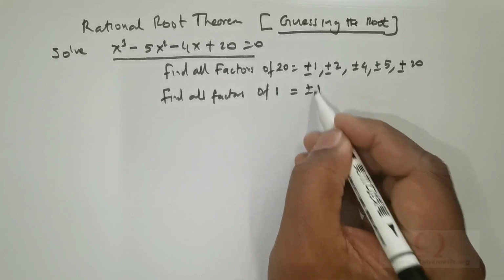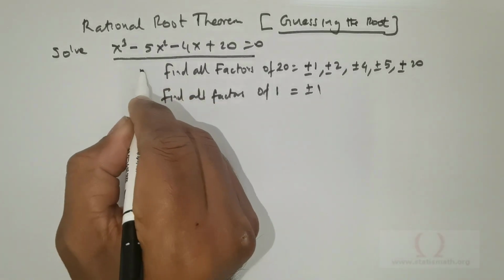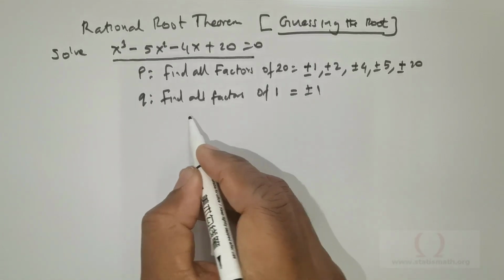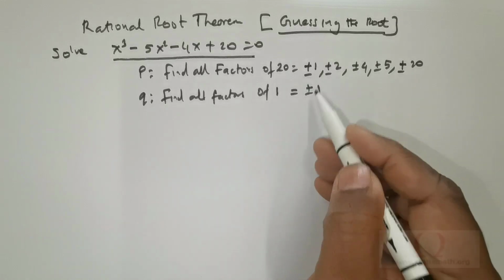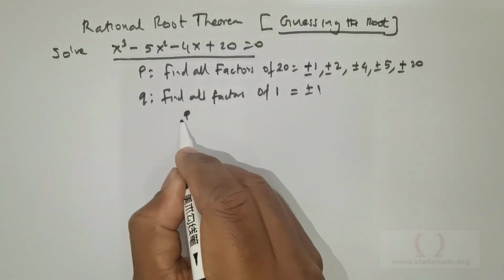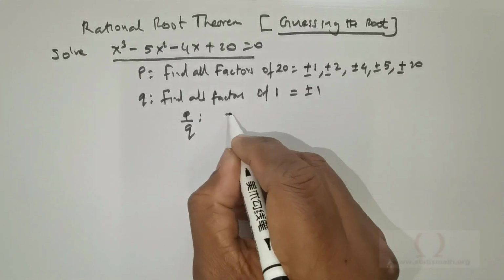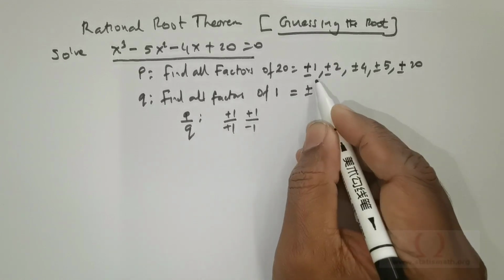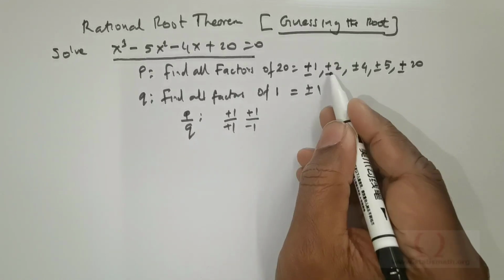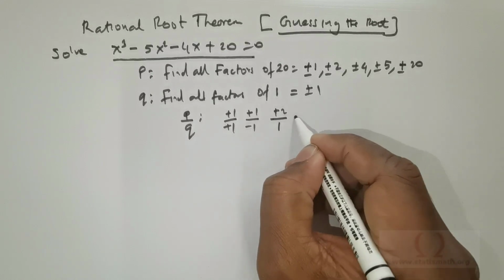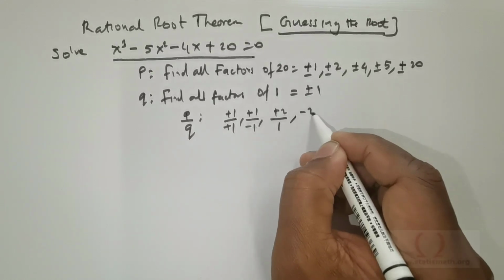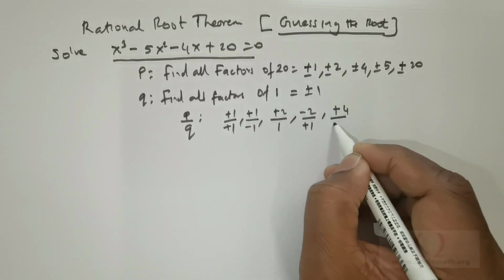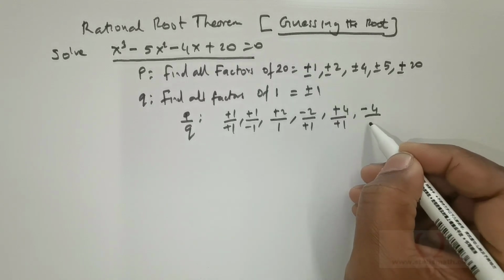Having obtained these, we call the first line P and the second line Q. Now you have to find all combinations of P over Q. So I can have plus 1 and plus 1, plus 1 and minus 1, and then plus 2, plus 1, minus 2 and plus 1, plus 4, plus 1, minus 4.